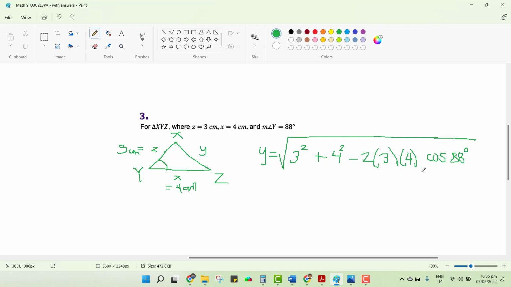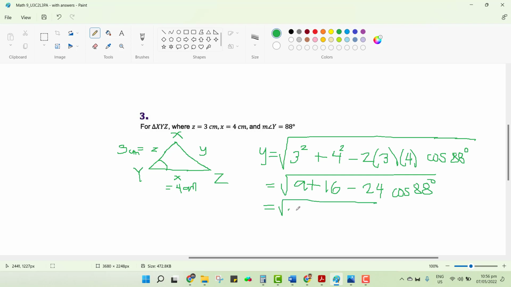Just like that. So you will have here the result. That's 9 plus 16, less 24 cosine 88 degrees. This is now 25 less 24 cosine 88 degrees.